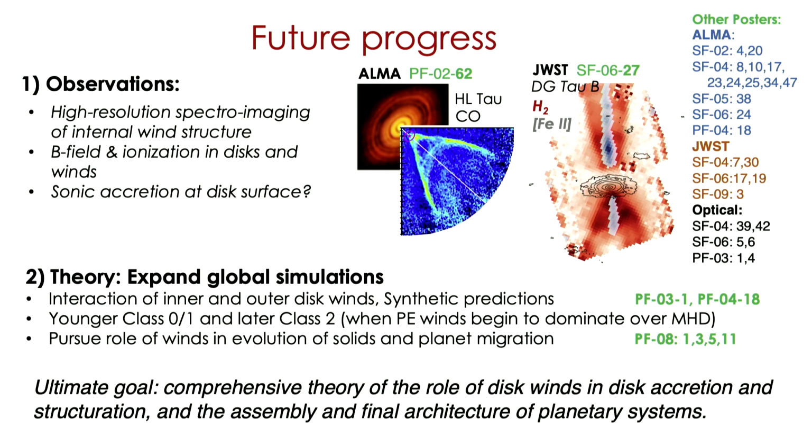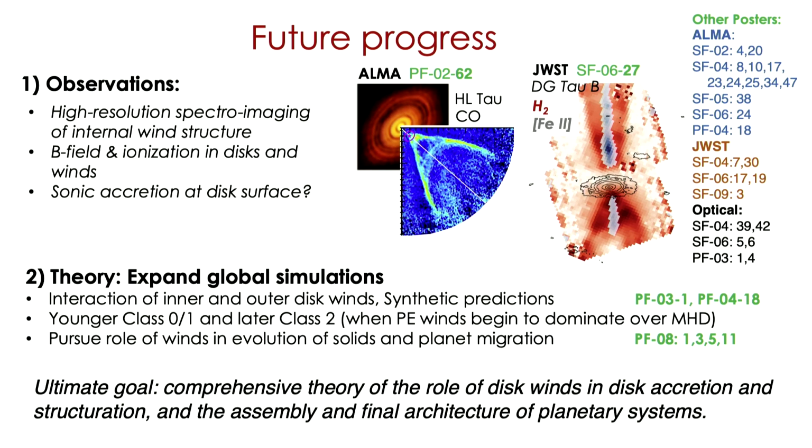HL Tau is a young T Tauri star. We also have an outflow from HH 30, which is a Class 2 source, an edge-on Class 2, and there have been observations of veiling in that source, and it's not heavily veiled. I don't know if you consider HH 30 to be a very young source, but there is no sign of an envelope around it.